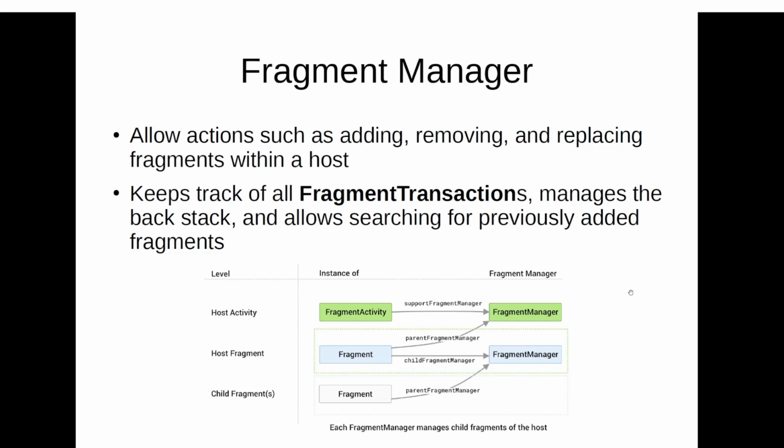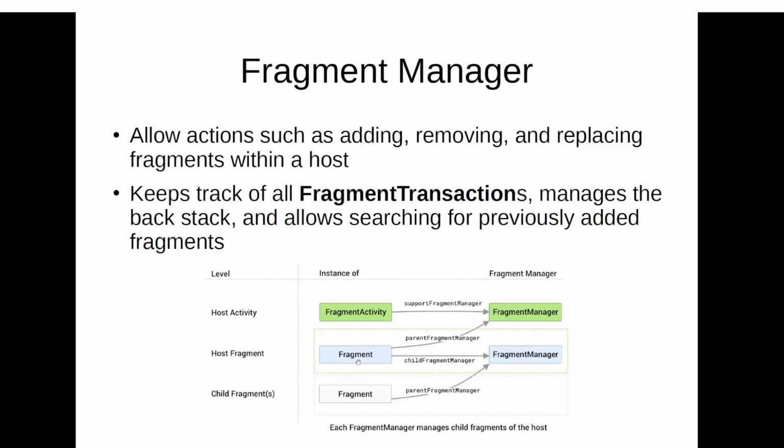So a fragment manager can be accessed in a couple of different ways, depending on where you are trying to access the fragment manager. So from inside of a host activity, you can access the fragment manager that will manage fragments in that activity by referencing supportFragmentManager. So you do not create your own fragment manager object. The fragment manager is already there. You simply use the supportFragmentManager reference to access it.